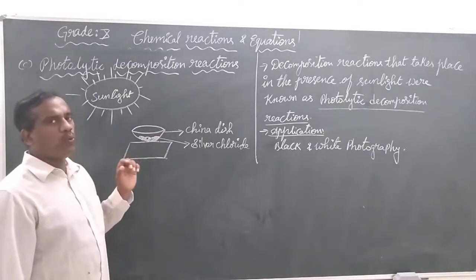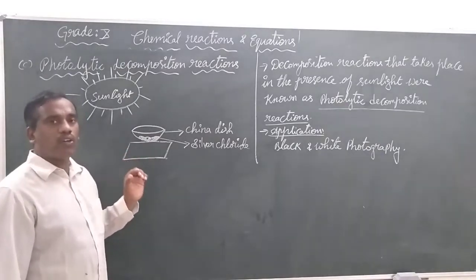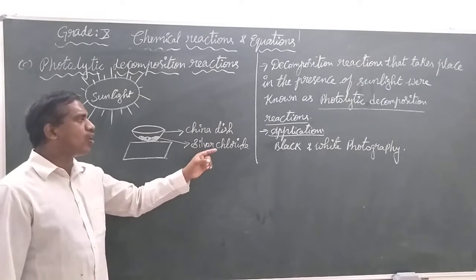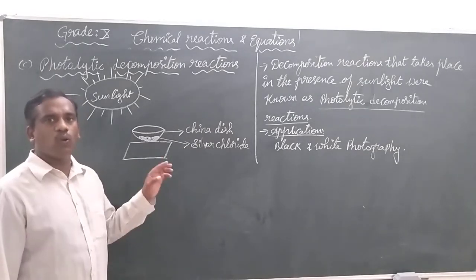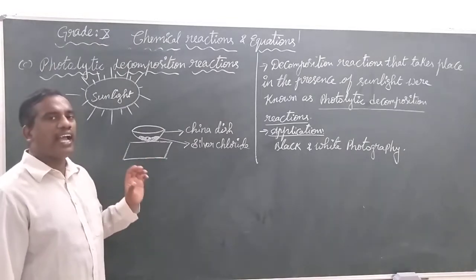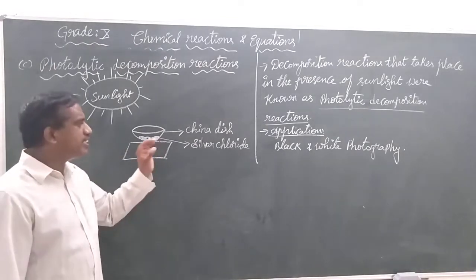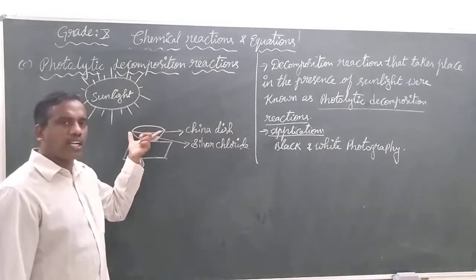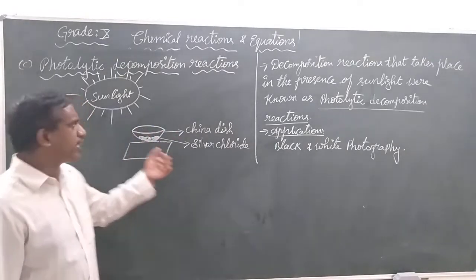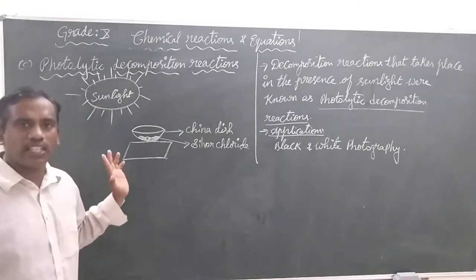In that, we are going to take a compound called silver chloride. What is the compound we are going to take? Silver chloride. And we are going to place this entire china dish containing silver chloride in the presence of sunlight.